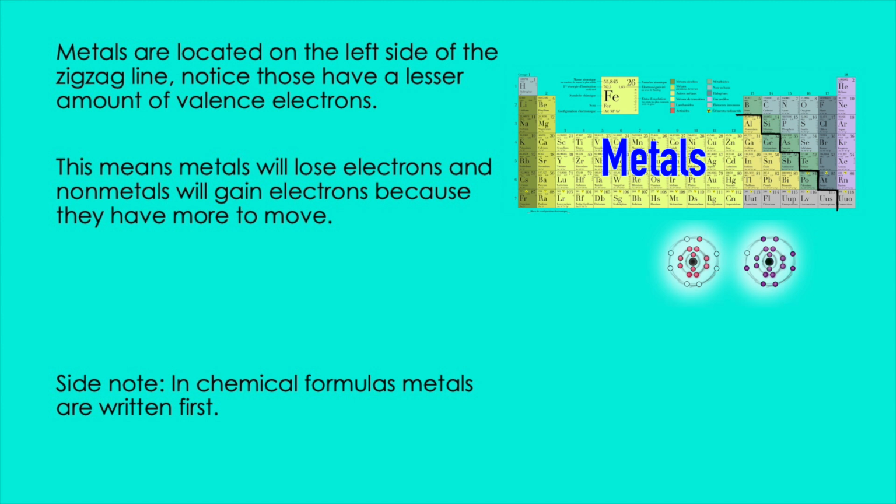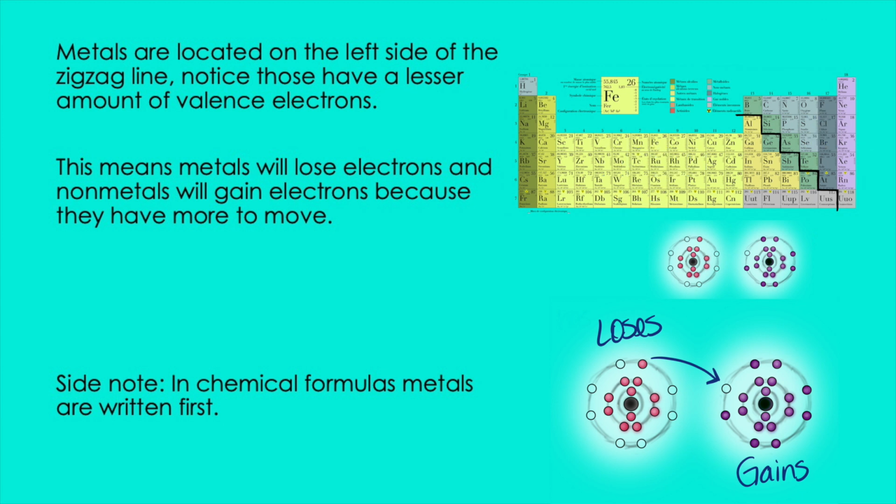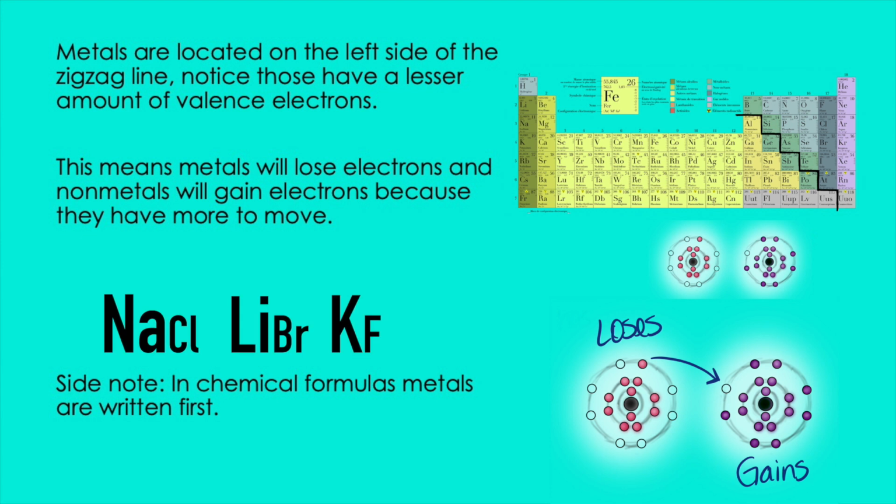So notice those have a lesser amount of valence electrons. This means that metals will lose electrons and nonmetals will gain electrons because they have more to move, and again, they're lazy. They don't want to move those. It takes too much energy, too much work. Side note, in chemical formulas, metals are always written first. We'll see that in a little bit.